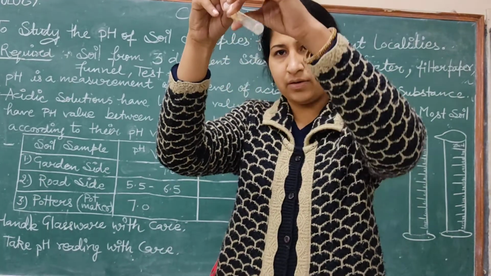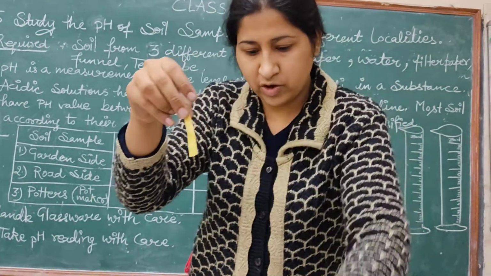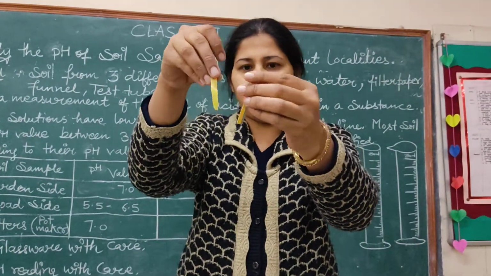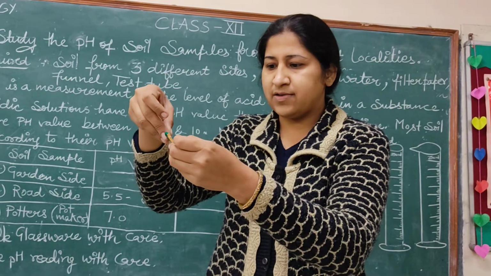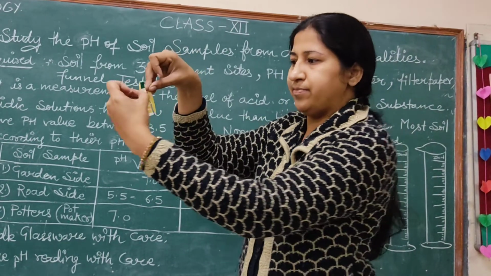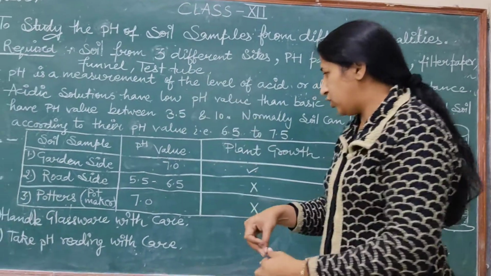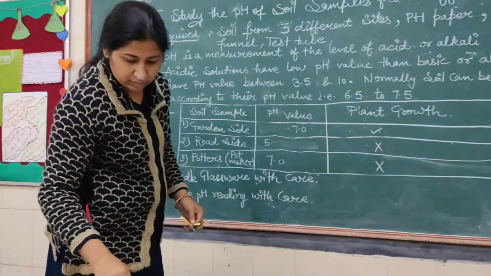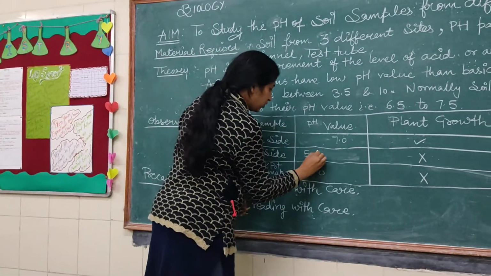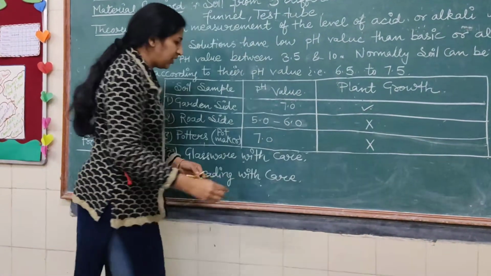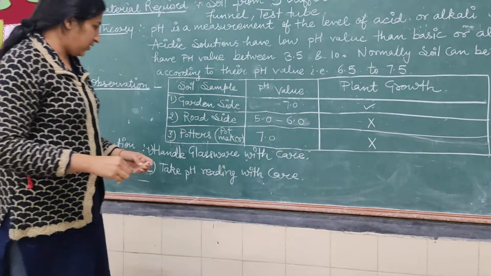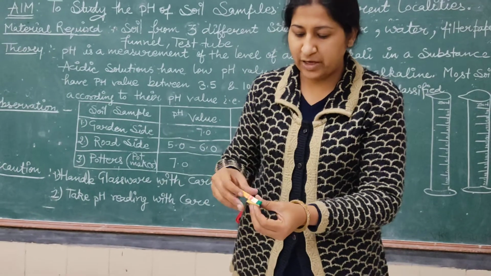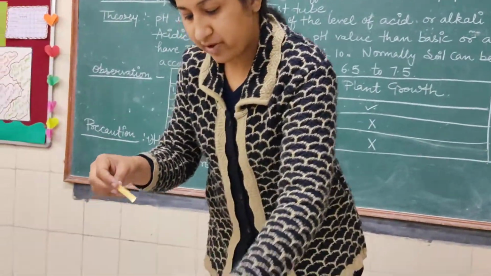Now, this is your roadside soil. You have to match the pH value. It is near about 5. So here we can write 5.0 to 6.0. Then third is your potter side soil. Again we have to take a new pH paper.